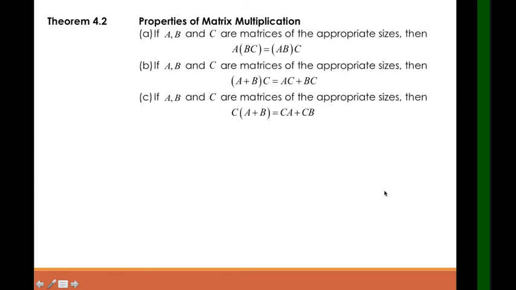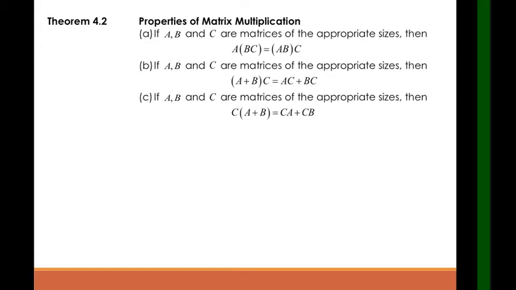Next, properties of matrix multiplication. If A, B, and C are matrices of appropriate sizes, then A times the quantity BC equals the quantity AB times C, which is the associative property of multiplication.